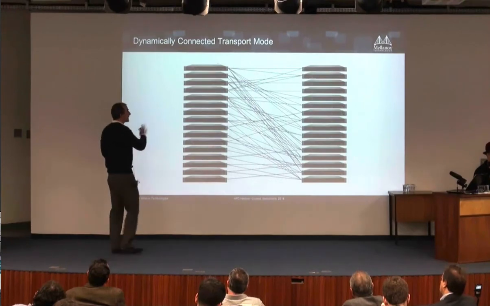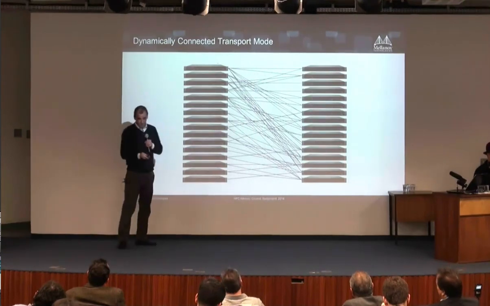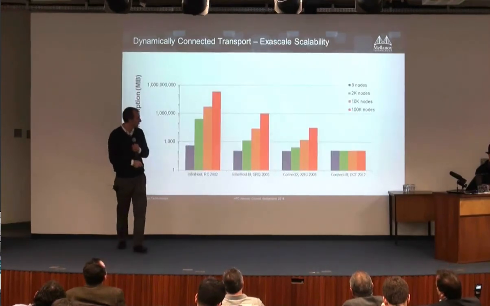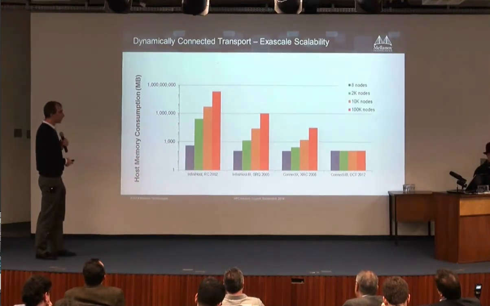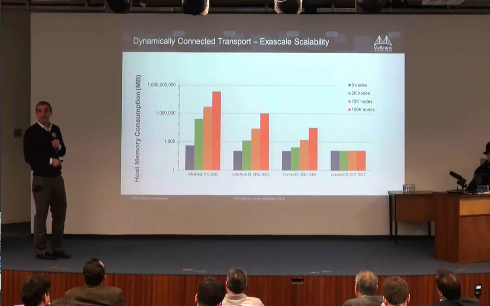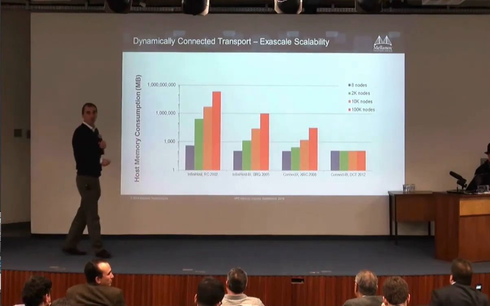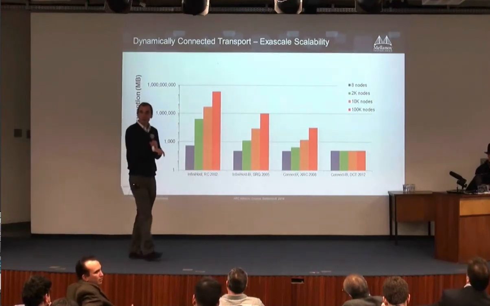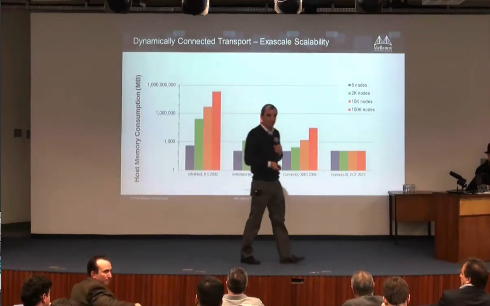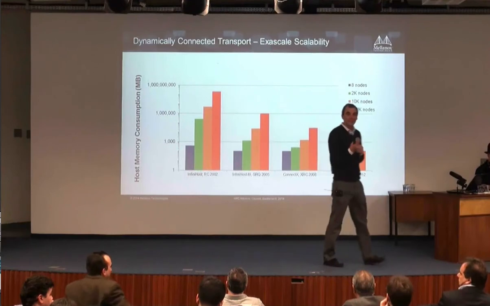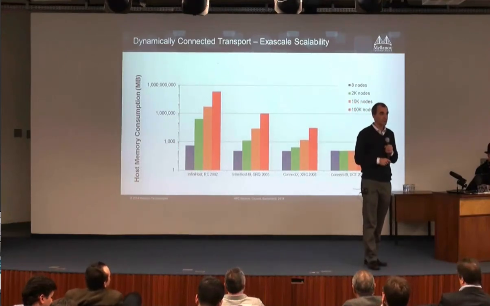In that way, we can significantly reduce, as we will see in this chart, by 3-4 orders of magnitude, the size of the memory footprint required per node to maintain the connection context, and by a similar factor, the time that it takes to set those connections up.